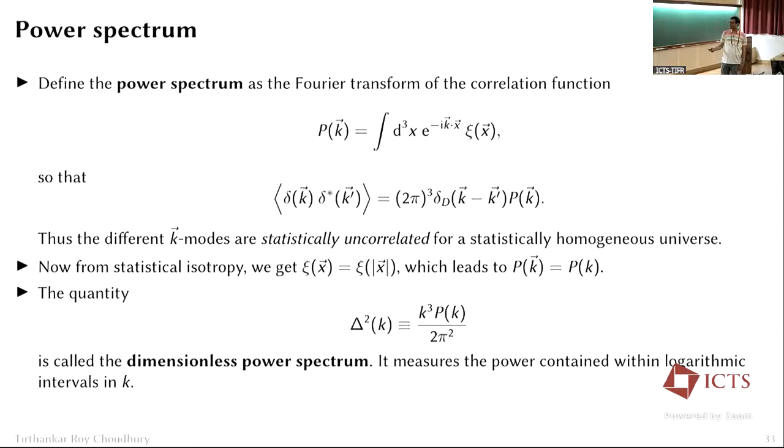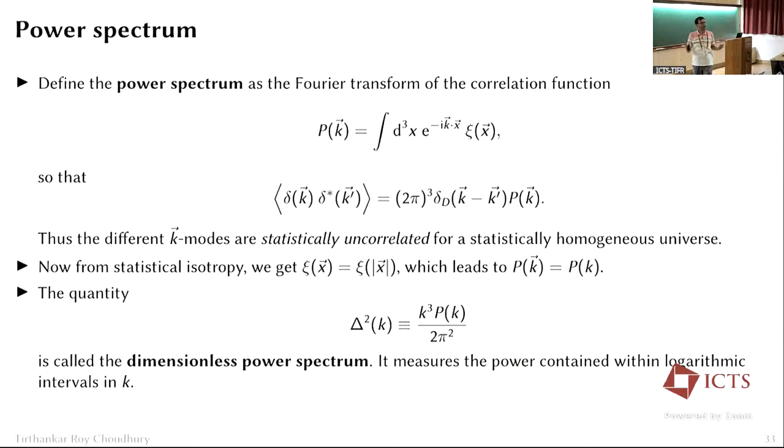So these are the quantities which, given a density field, can be calculated. And remember, these are essentially measuring the correlation of the density field at one point with another point, so-called two-point correlation function. This is just the Fourier transform of that.